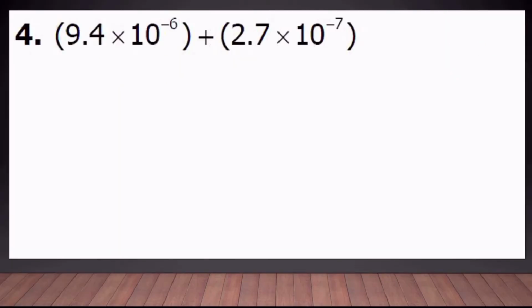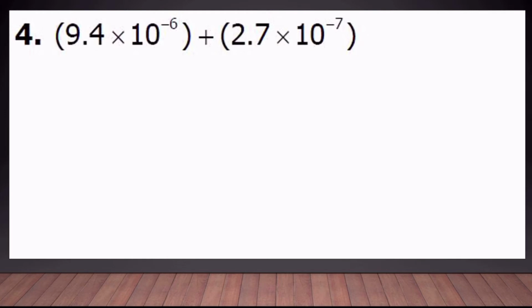Okay, so now that we've seen it with positive exponents, I want to show you two examples with negative exponents because most of the time students tend to make mistakes when we're moving it and because we're adding with negatives or subtracting.